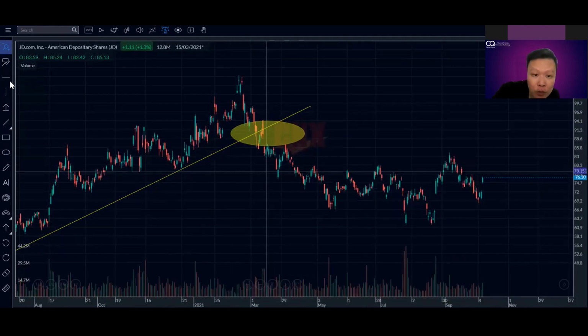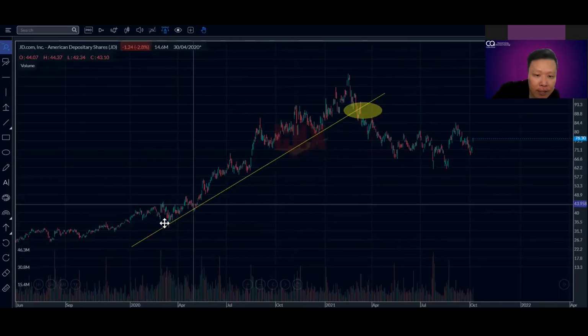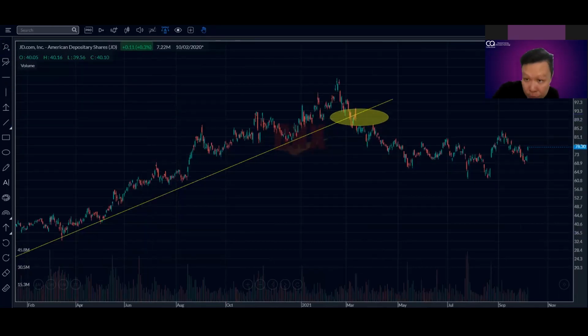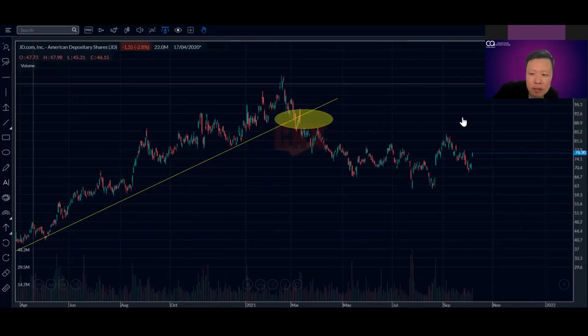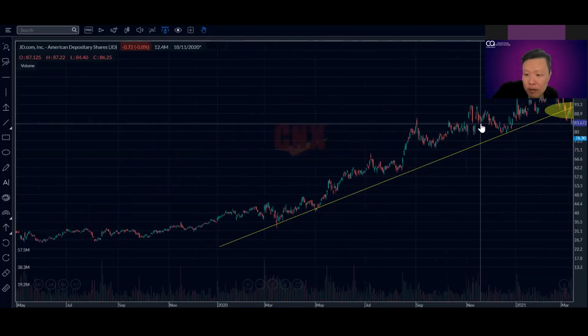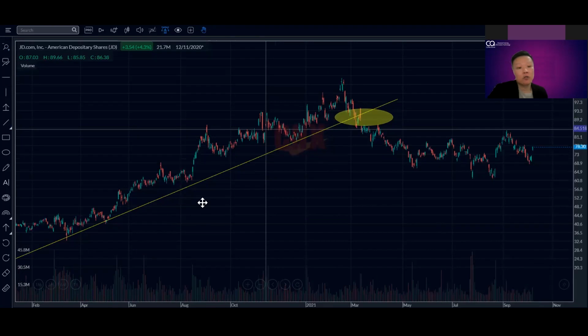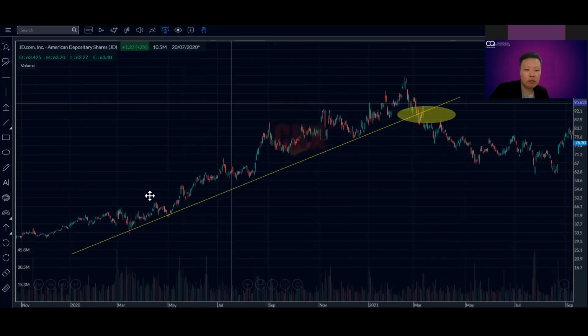If you look at this trend line, it started from somewhere around February as well, same period, and then it ended somewhere around early March, or end of February, around a 1 year period. So 1 year period, this is a major trend.